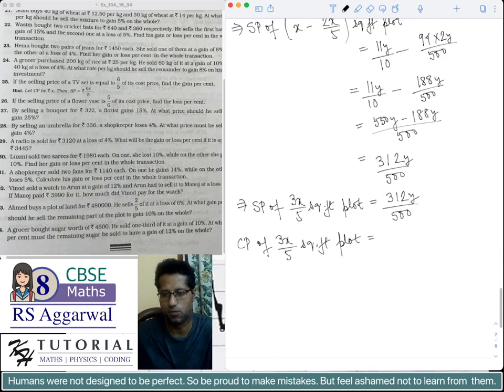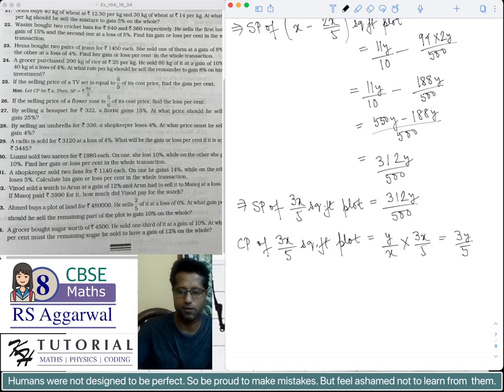So this must be equal to y by x multiplied by 3x by 5, which is equal to 3y by 5. 3y by 5 is the cost price of the 3x by 5 square feet plot. Now the 3x by 5 square feet plot is the remaining plot. So we have this as the selling price of the remaining plot and this as the cost price of the remaining plot, and we have to now find the gain percent.